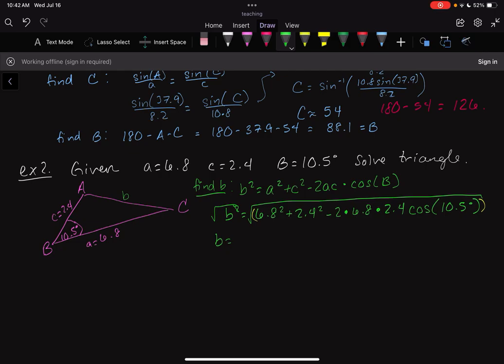Pause, and maybe you type it in and make sure you get the same thing as me. I'm about to write what I get. I got 4.46. And let's say that I want to do 2 decimal places for this one.